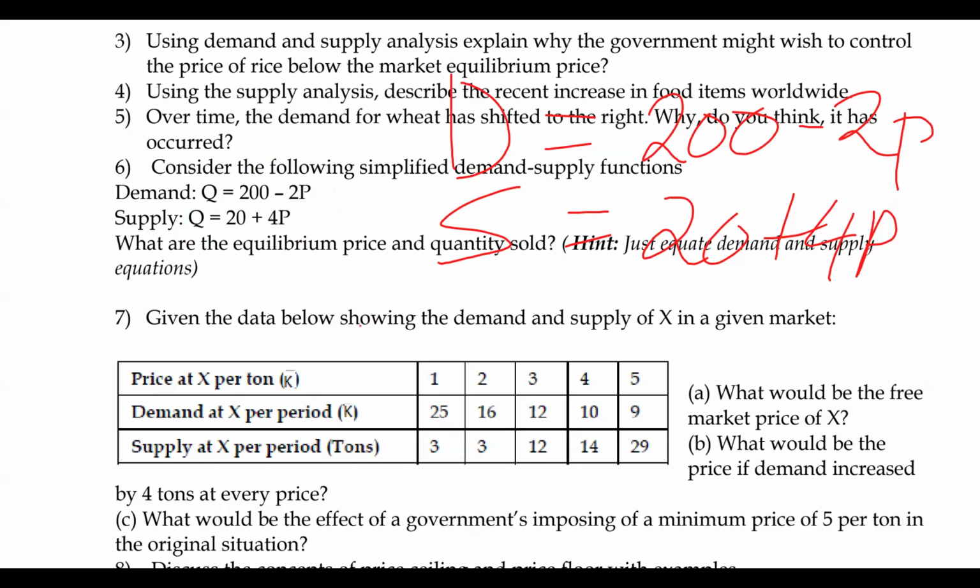If you invert the function, it starts with P. Make P the subject of the formula. So you have 2P equal to 200 minus Q, yeah?